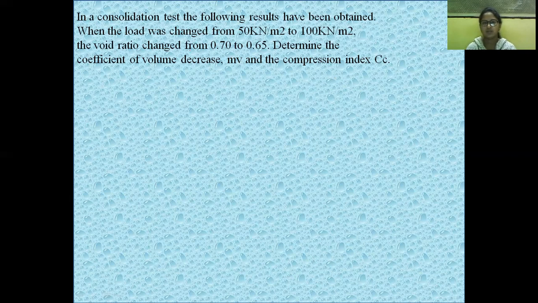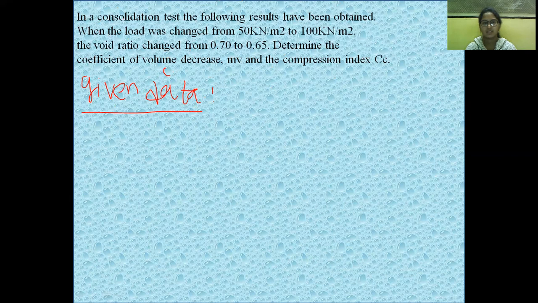Shall we go for write given data? Yes, write given data. This is the first step for solving any problem. What's the given data?